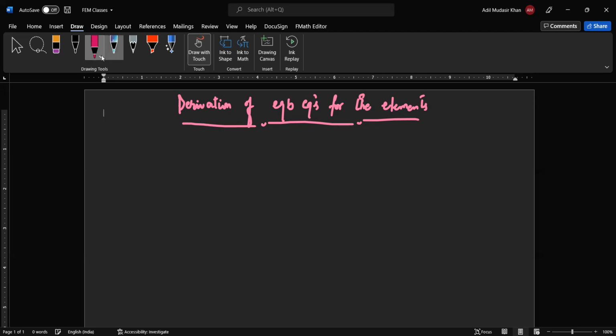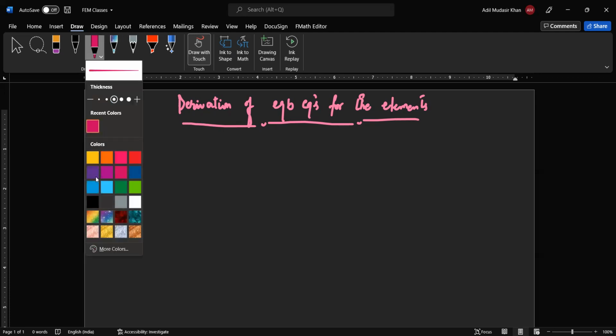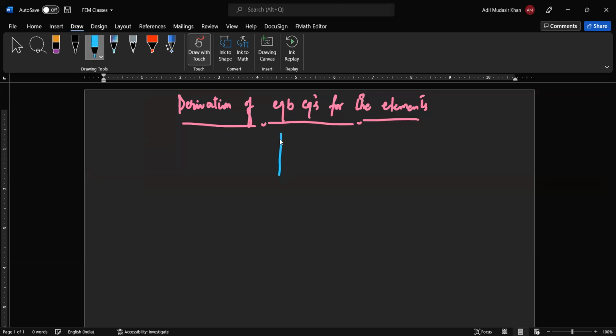Now, if we return back to our previous case, we had a rod, and we had divided this prismatic rod into a single element.